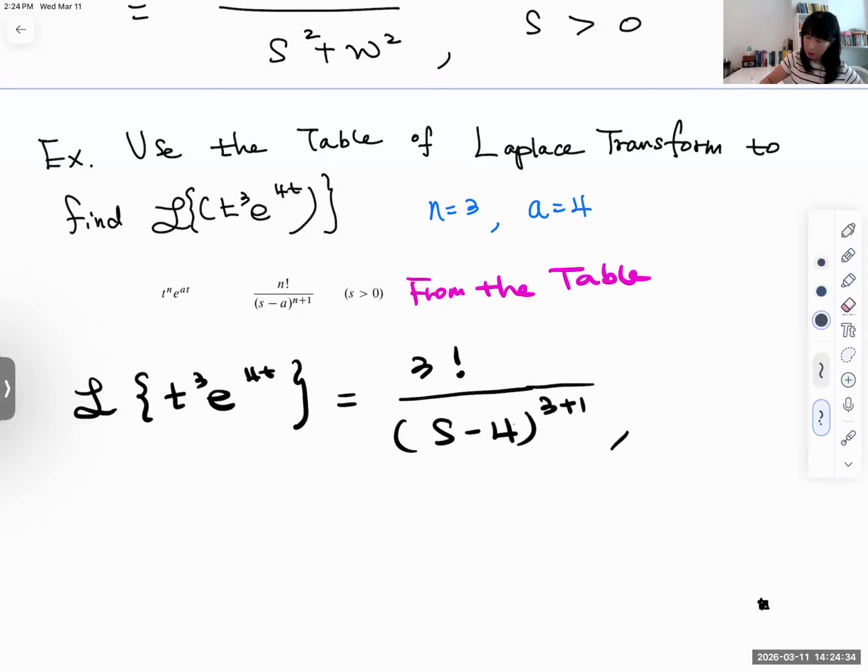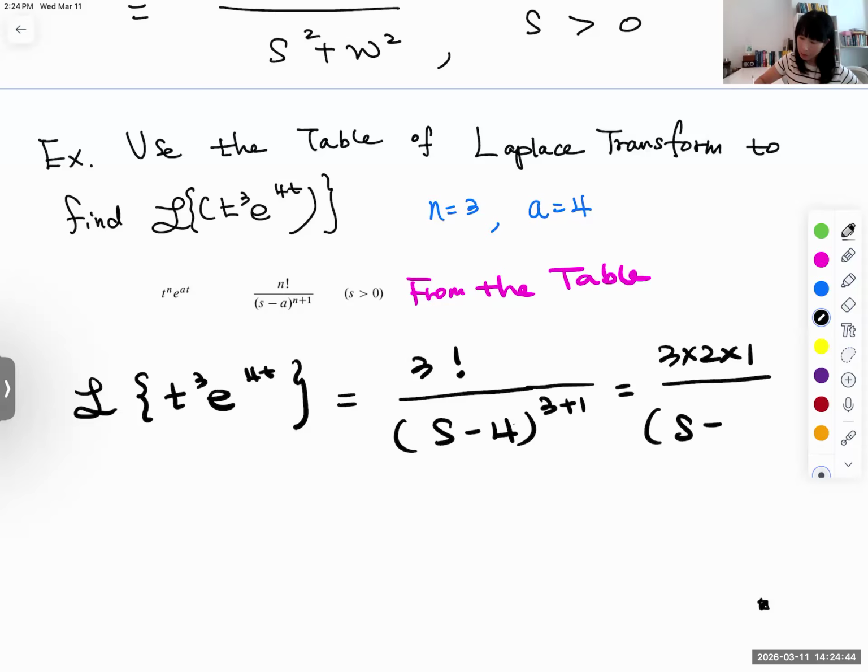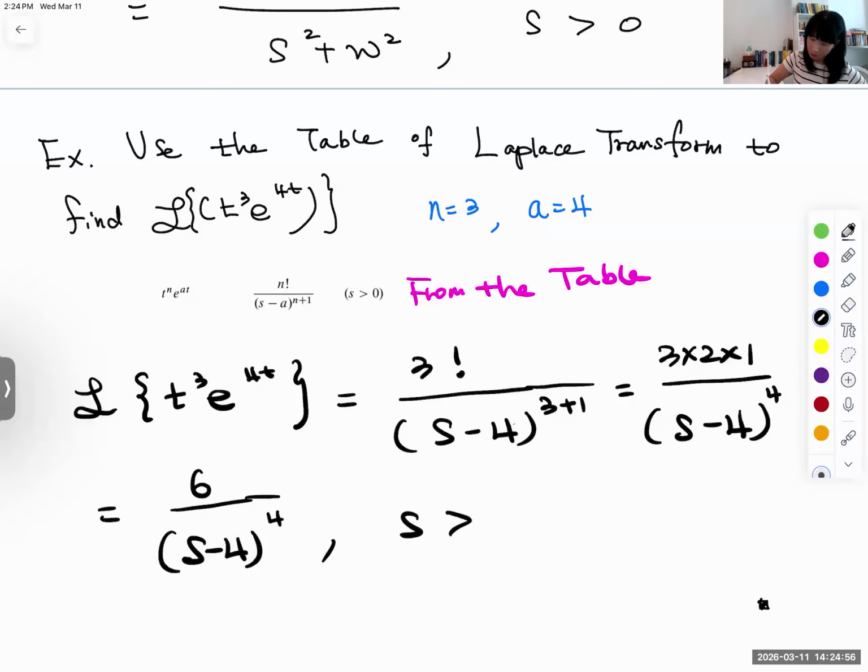Now calculate. 3 factorial means 3 times 2 times 1, over s minus 4 to the 4th power, which is 6 over s minus 4 to the 4th power, right? Then s must be greater than 4.